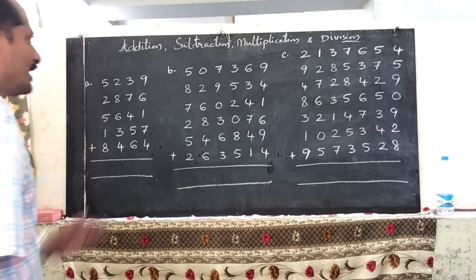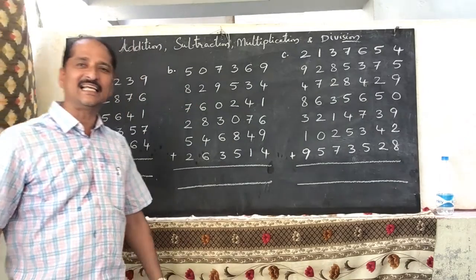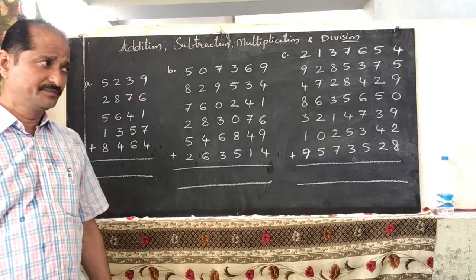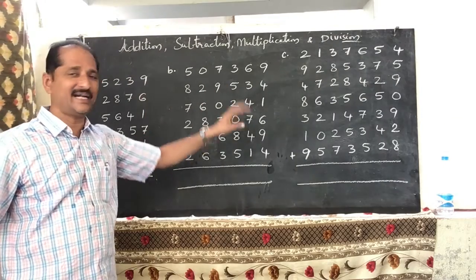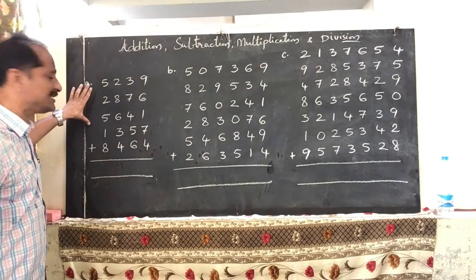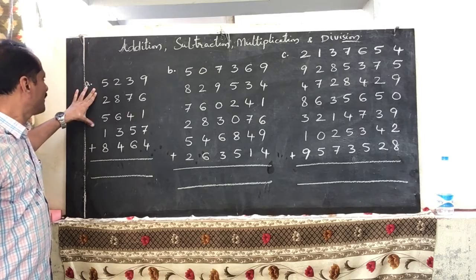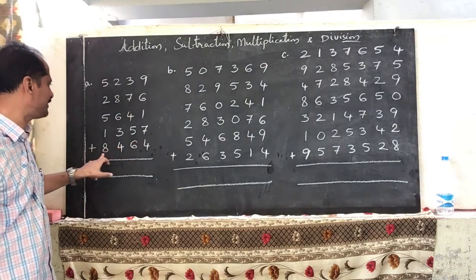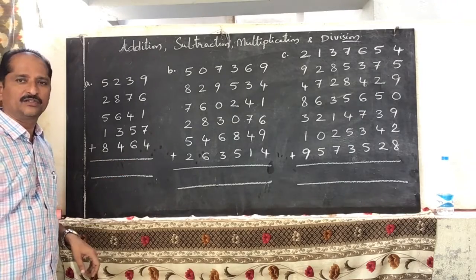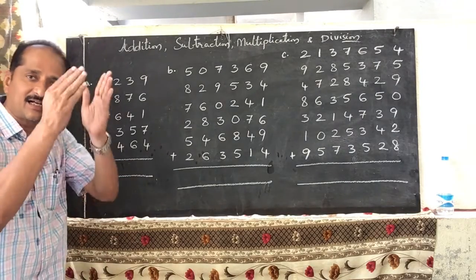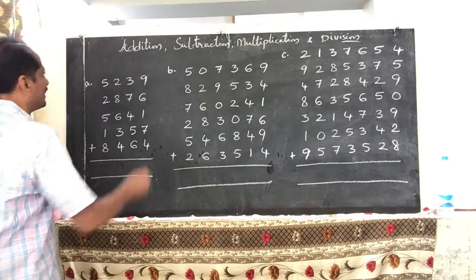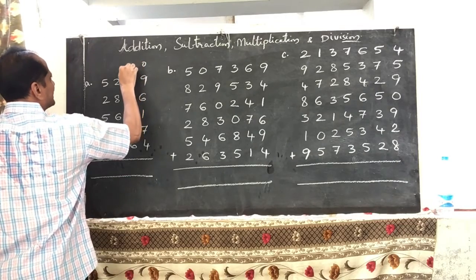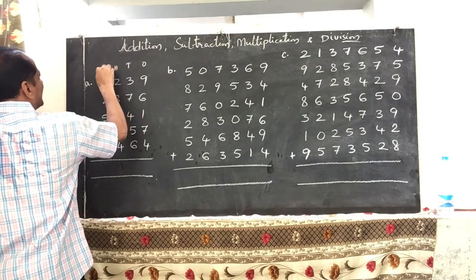Okay. Let us take these three additions. How can you add? If you observe these numbers here: 5239, 2876, 5641, 1357, 8464. We have to add all of these column-wise: ones place, tens place, hundreds place, and thousands place.